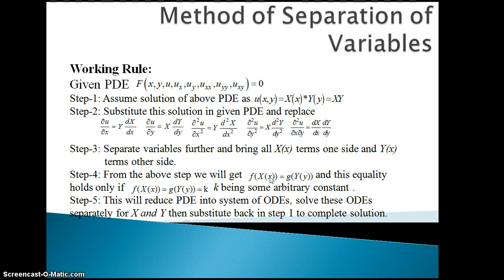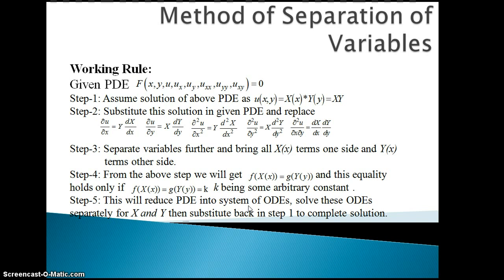Hence this step 4 will give rise to a system of ODEs, because in step 2 we replaced all partial derivatives by ordinary derivatives. Hence the method of separation of variables reduces a partial differential equation into a system of ODEs. Now in the next step you solve these ODEs separately for capital X and capital Y, and then substitute back in step 1, that is u is equal to XY.